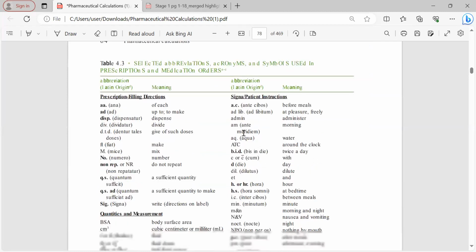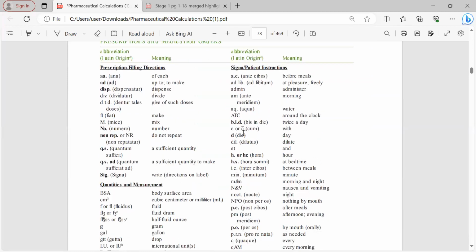Now here are our abbreviations and what each of them means. For example, the second one, AD, is important. We'll see it when we are doing calculations. You are told to put 5 grams of a drug, then add to make this and this. Sometimes they won't write add to make up to, they just write AD.